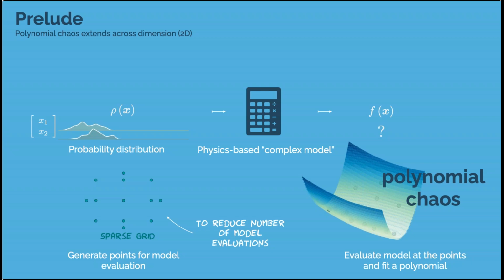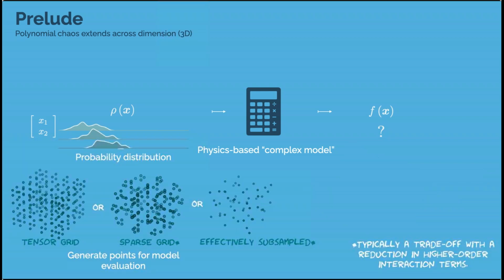So in terms of a research problem, there's been a lot of interest in trying to reduce the number of quadrature points, or coming up with more precise numerical quadrature rules, especially in high dimensional spaces under different distributions. And like I said, there's usually some sort of trade-off between a reduction in the number of times you have to evaluate the model, the accuracy of your coefficients, and the number of coefficients.